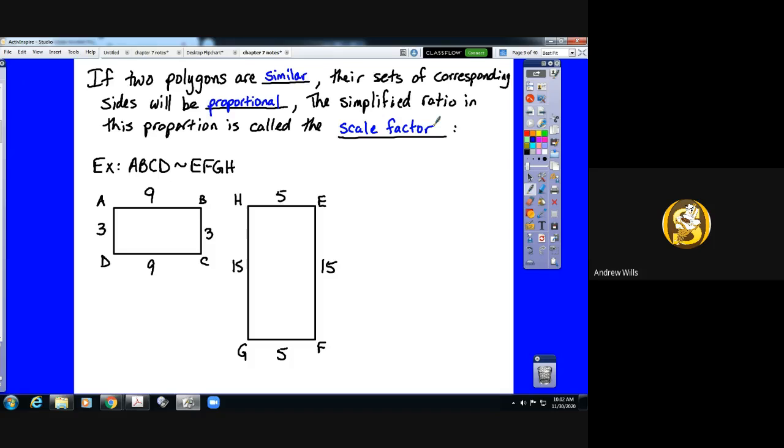So for instance, here in this picture, we have ABCD is similar to EFGH.